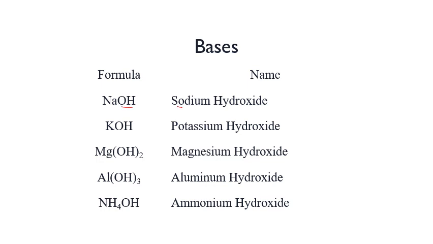So we will just say sodium hydroxide. And KOH, K, what's the name of K? Potassium. And then we add the name hydroxide. So potassium hydroxide. So the next one is magnesium hydroxide. Next one is aluminum hydroxide. And last one is, this is ammonium ion and then ammonium hydroxide.